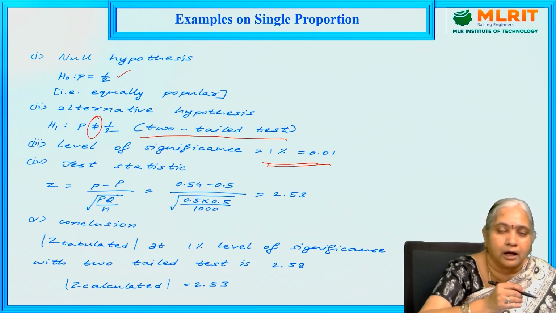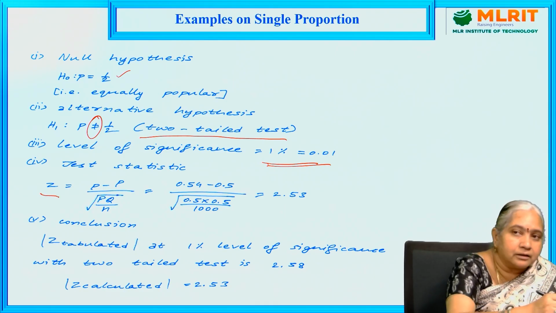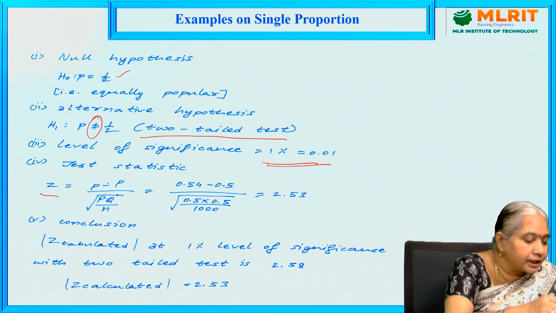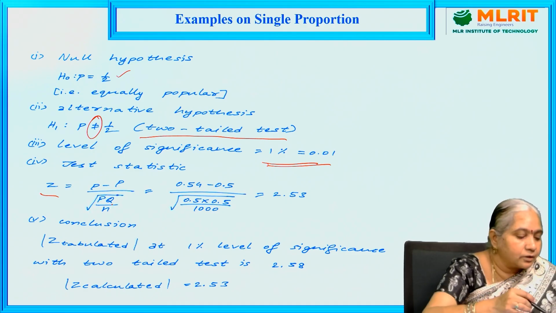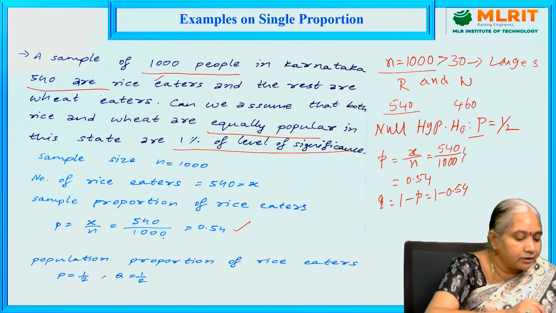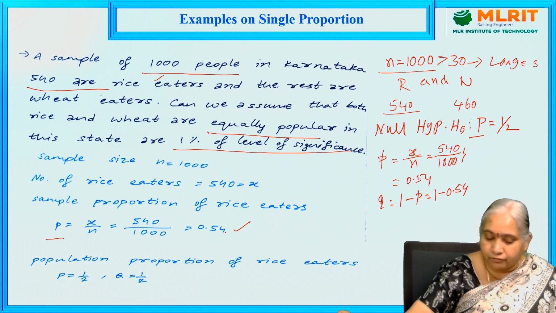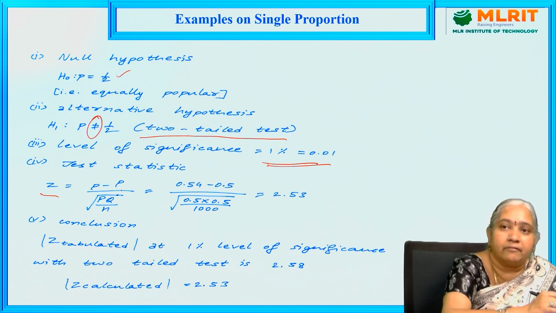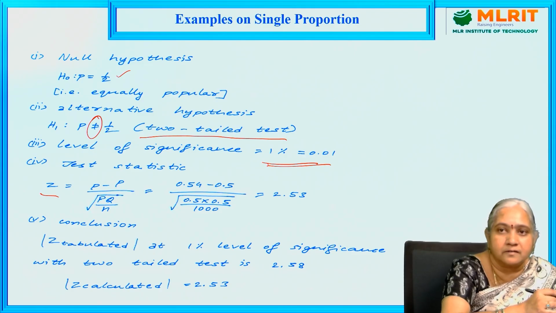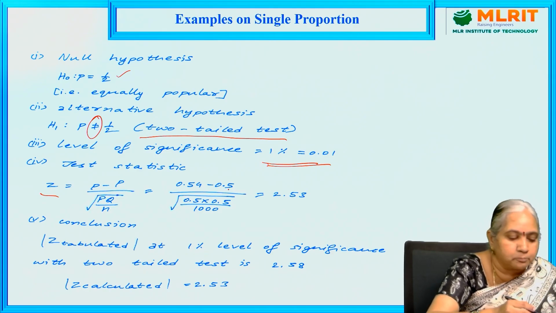That's why we apply the large sample Z test, and the proportion test statistic is small p minus capital P by under root PQ by N. So here 0.54 is the sample proportion that we already calculated, and capital P is our claim: both rice and wheat eaters are equally popular or equally proportioned. So capital P equal to 1 by 2, which is 0.5.